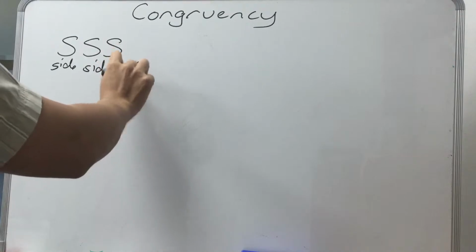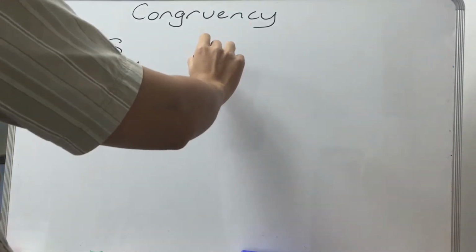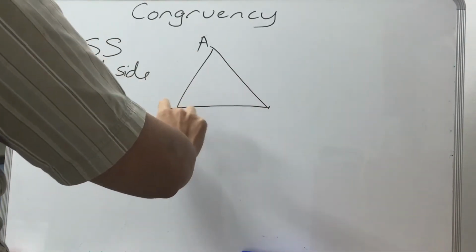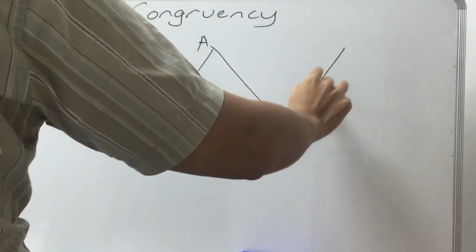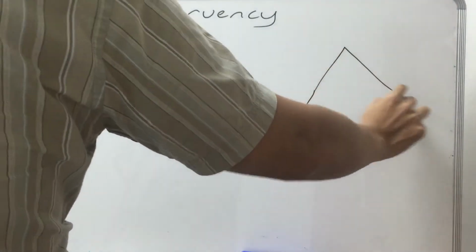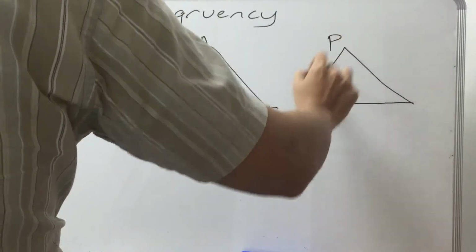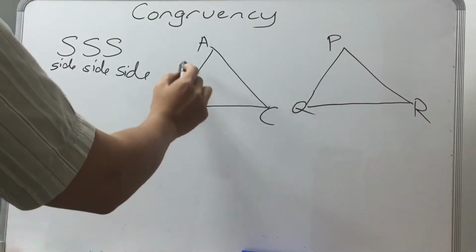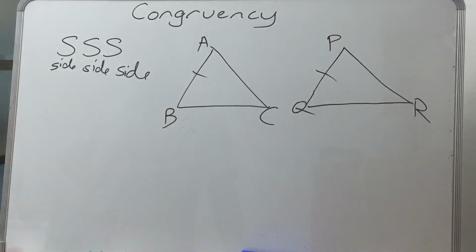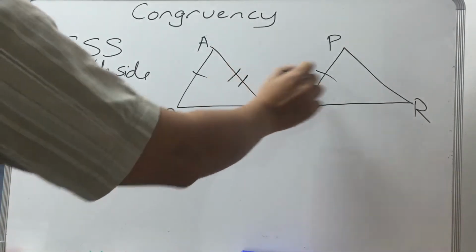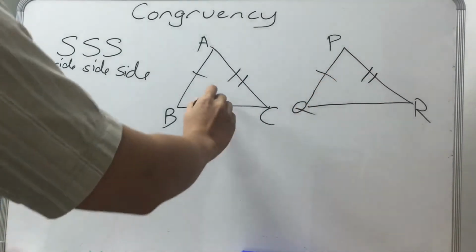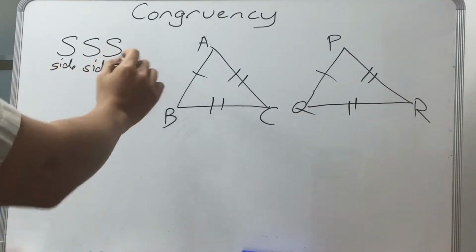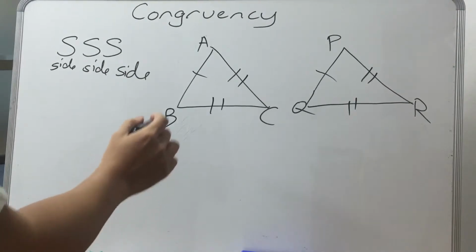So for example, we have this triangle ABC and this triangle PQR. Under the SSS test, if AB and PQ are the same length, AC and PR are the same length, and BC is the same length as QR, then under our side rule, these two triangles are congruent.